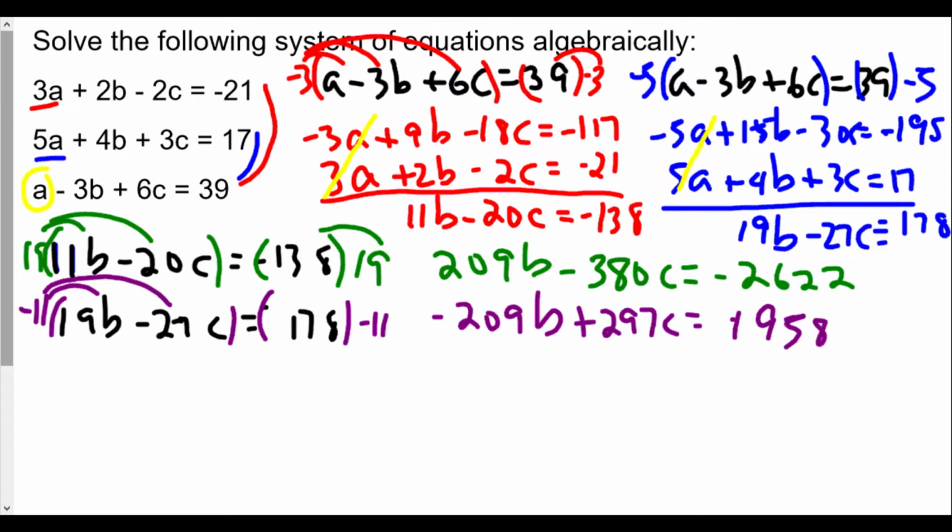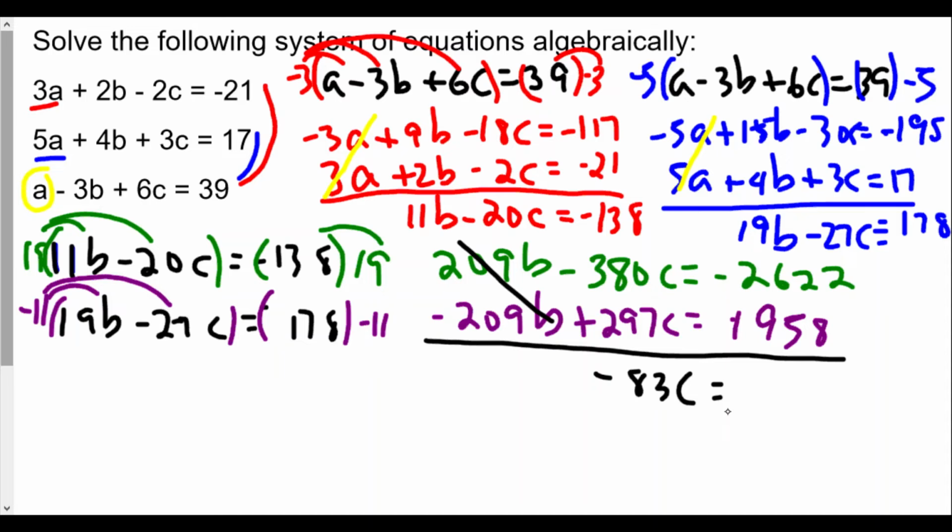Now we're going to add these two equations. And again, the b's cancel out. And so negative 380 plus 297 should be, let's see now, 380 minus 297. We should get negative 83c. And then negative 2,622, and add that with the 1,958.